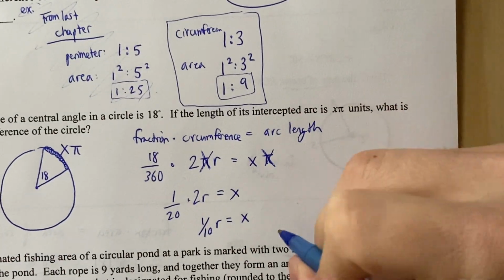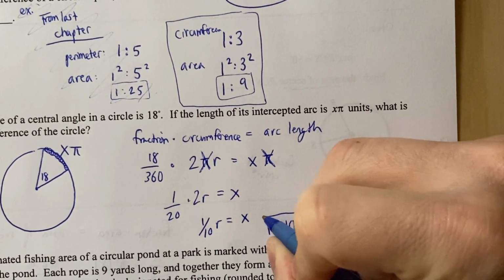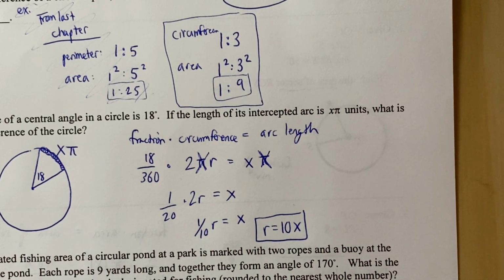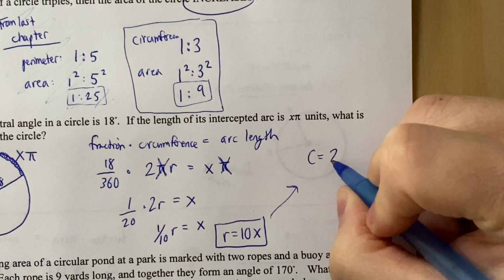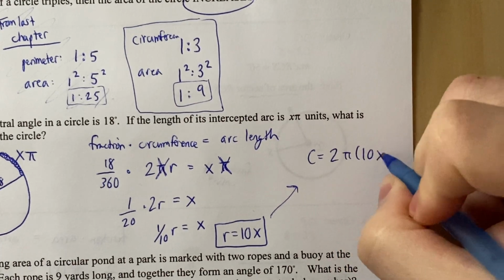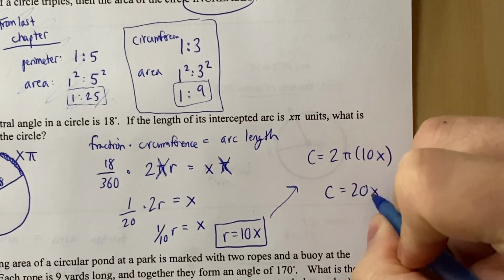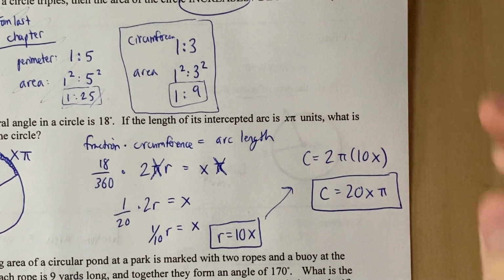That would mean that r, if I multiply both sides by 10, is 10x. There's your radius. It's not pretty, but it works. Then the circumference is 2 times pi times r, so the circumference is 20x, throw pi at the end. And you got it.